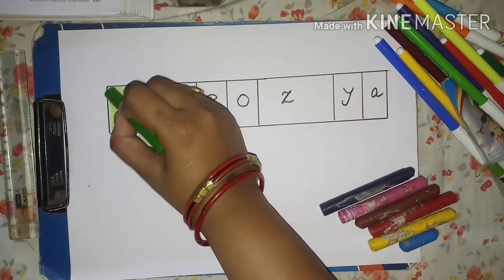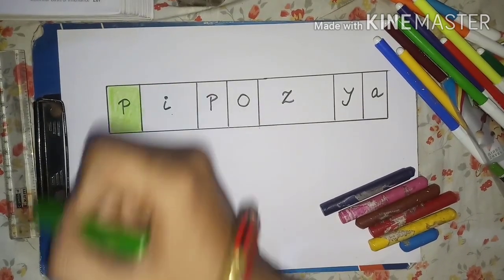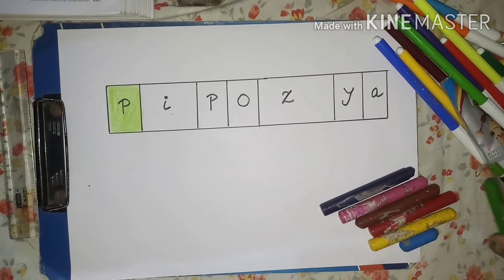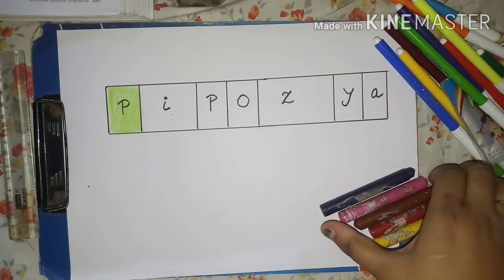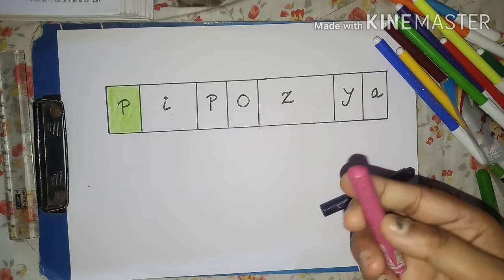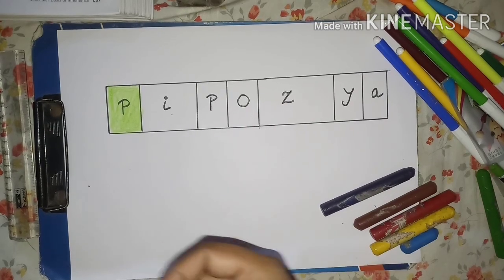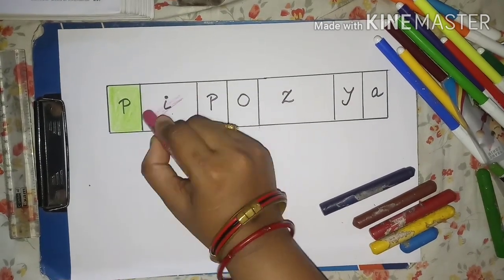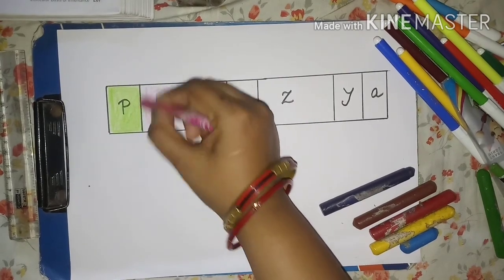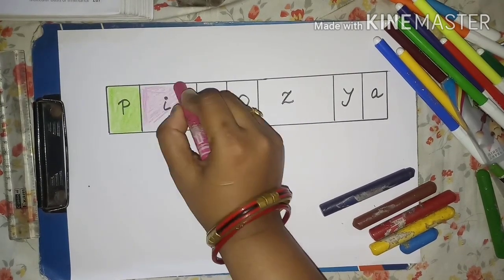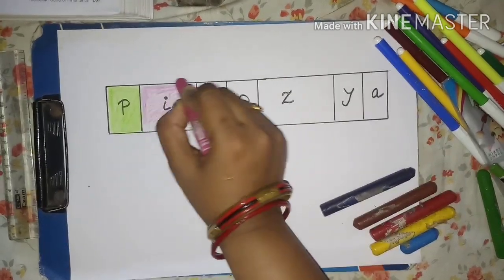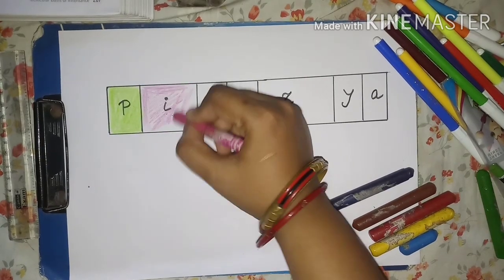Let's see, I have already colored the first promoter in this light green color. Then I will be coloring with, I just love light colors, so I'm taking this one. This regulatory gene I am coloring pink. Okay, so this regulatory gene is now pink in color.